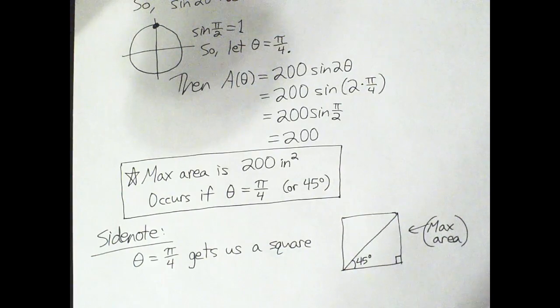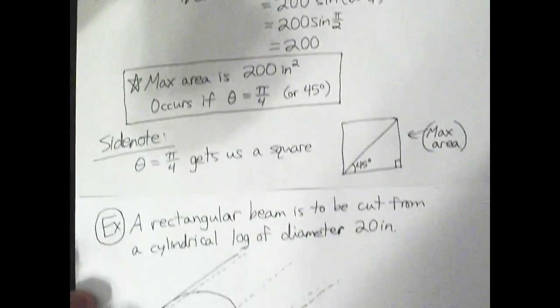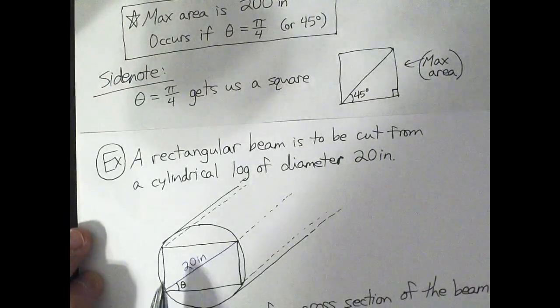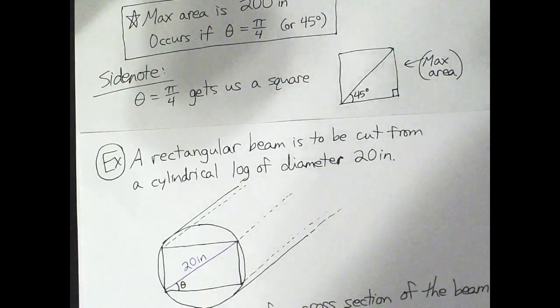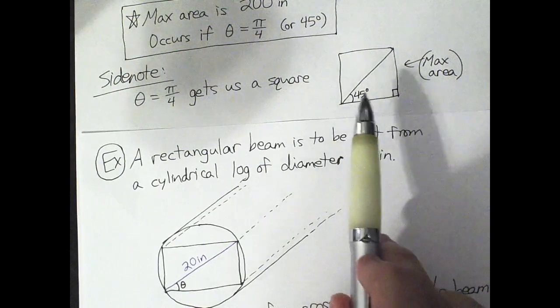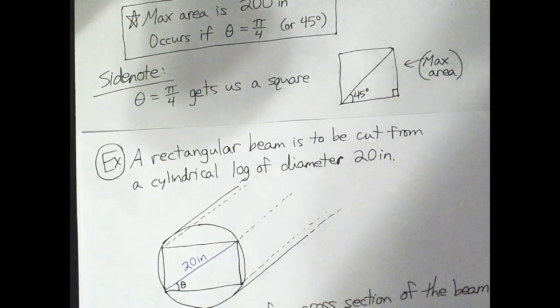So that cylinder that we were cutting, the problem didn't really look like it was a square. But it turns out that if you want the maximum area in a cross section, then the best angle you could choose would be 45 degrees.